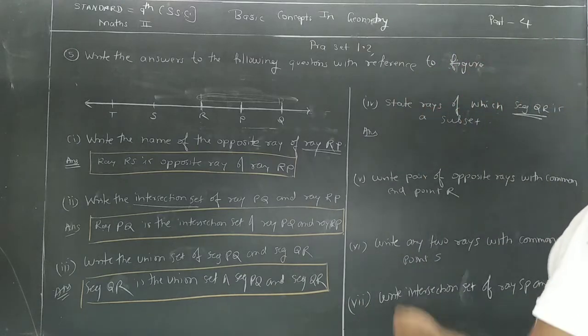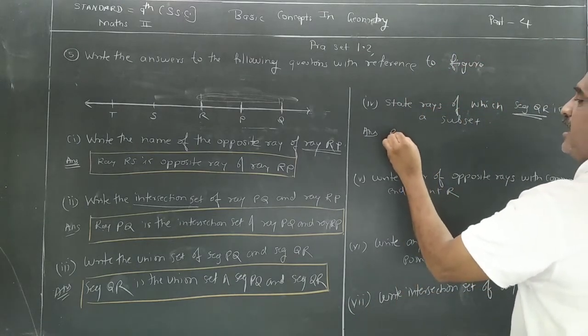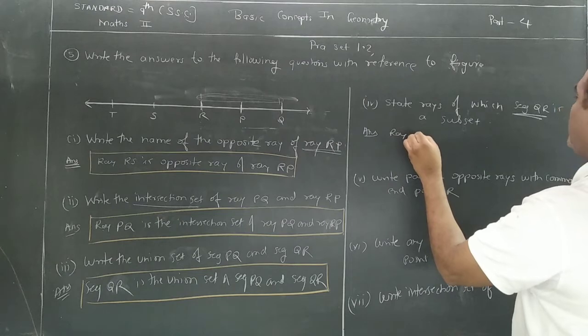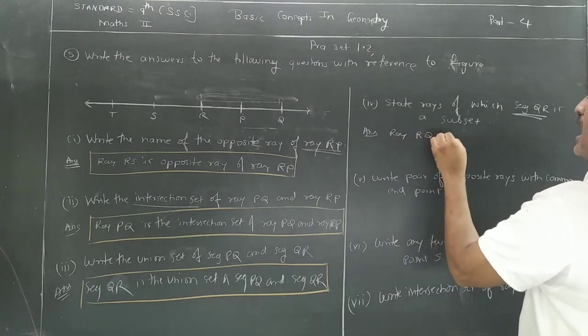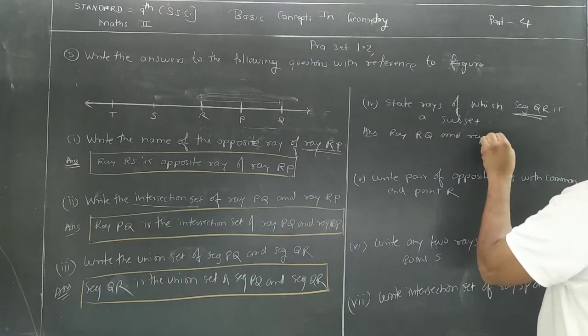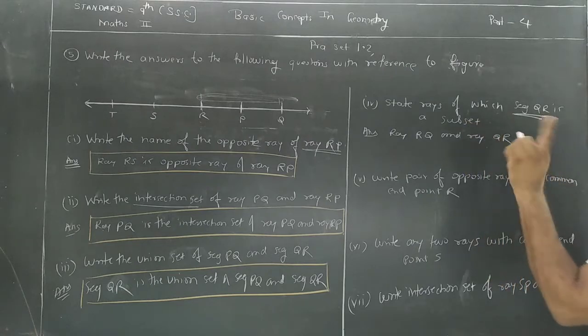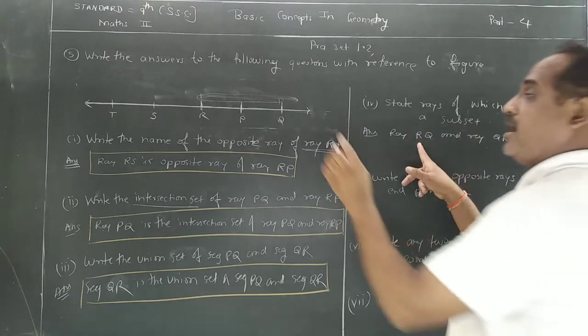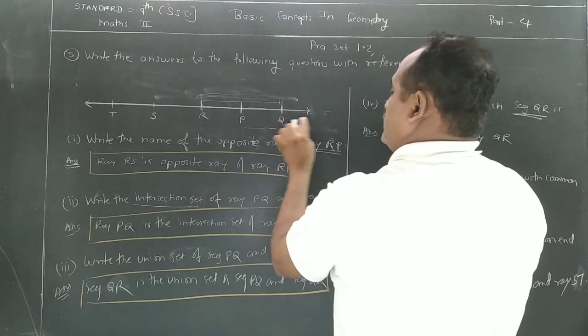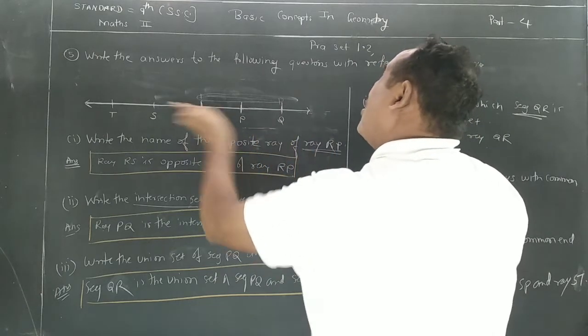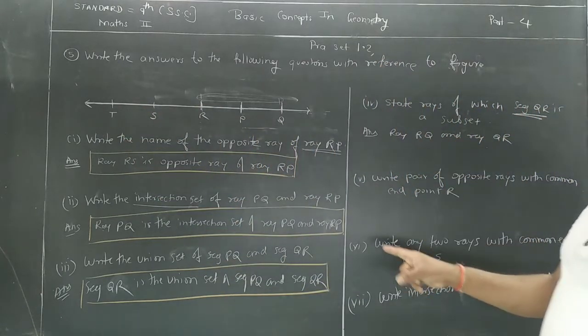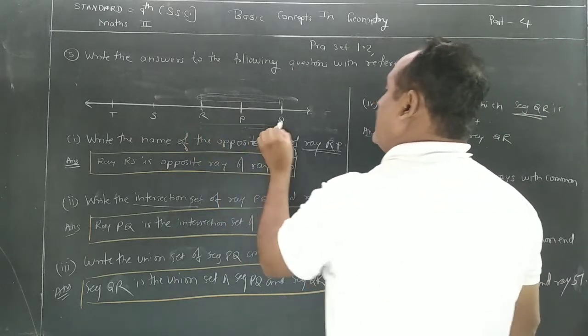So what can I write then? Ray RQ and ray QR. See, they are not same. The origin of RQ is R, it is going to the side. The origin of QR is Q, it goes in that direction. But this is a part of both of them. What is that? Segment QR.